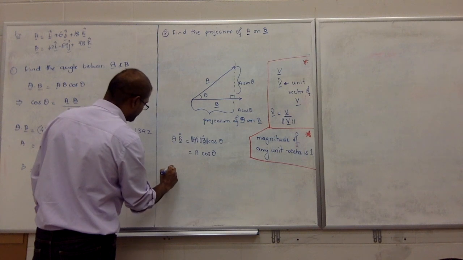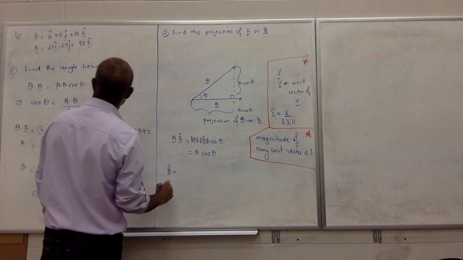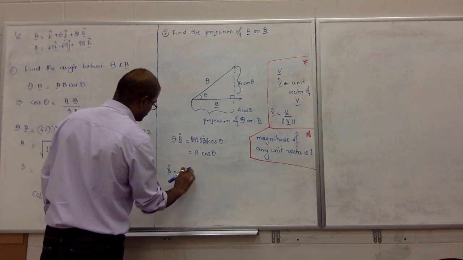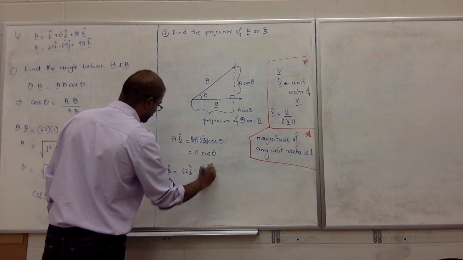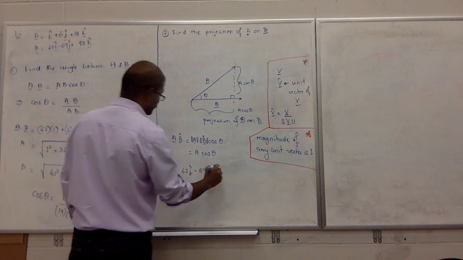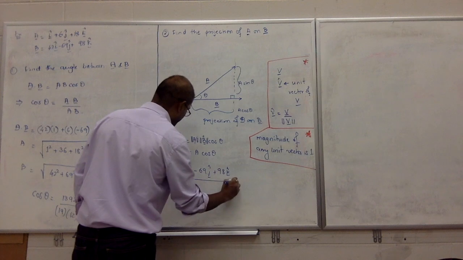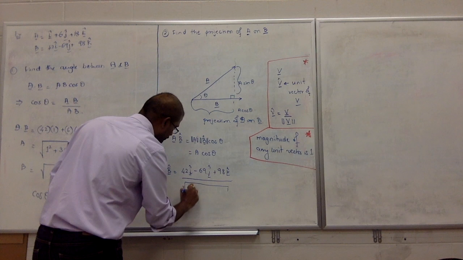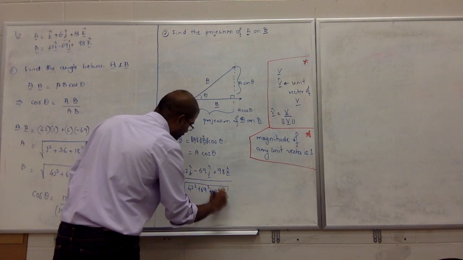Okay? So how would you do the left hand side? First you need this B hat, right? What is this? It is 42I minus 69J plus 98K divided by square root of 42 square plus 69 square plus 98 square.